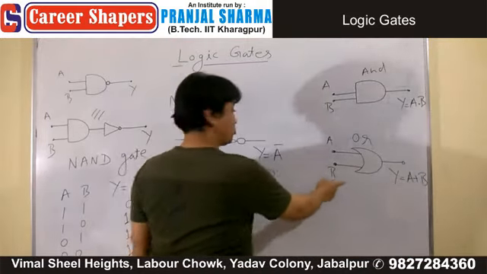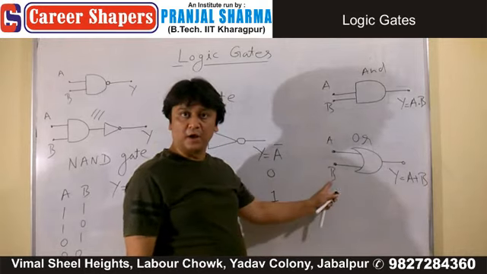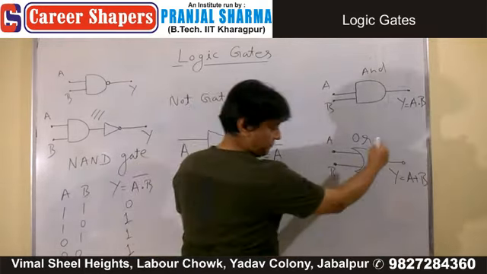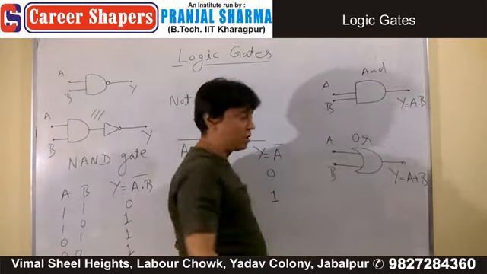And then I am drawing a NOR gate over here. Write down in the comment box the truth table, the final Y part for NOR gate.